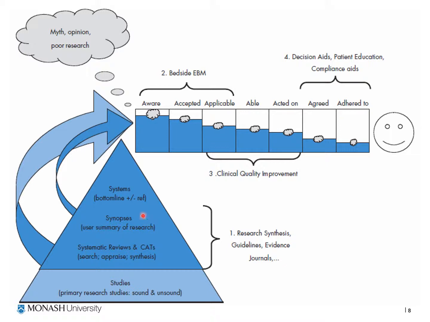So the triangle here really just represents the evidence that we have. So whether it be qualitative, quantitative data, whether it be formal clinical practice guidelines, systematic reviews, other evaluation that we've identified. So it's a body of knowledge that we know works, or we want to implement into practice.